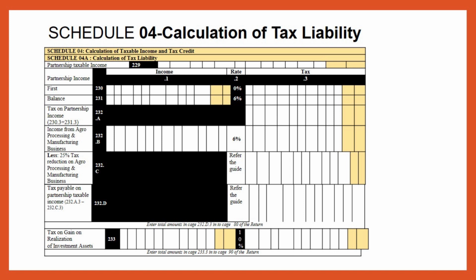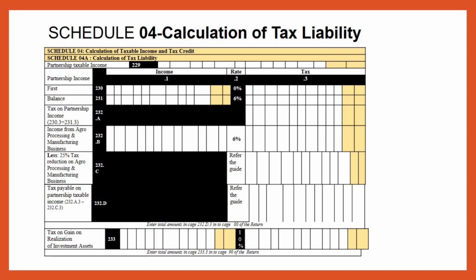Calculate the tax at 6% on that income and enter the tax in cage 231.3. Then, the cage 231.3 should be equal to cage 232A.3 and also to cage 232D.3 where there is no agro-processing or manufacturing income in the partnership.